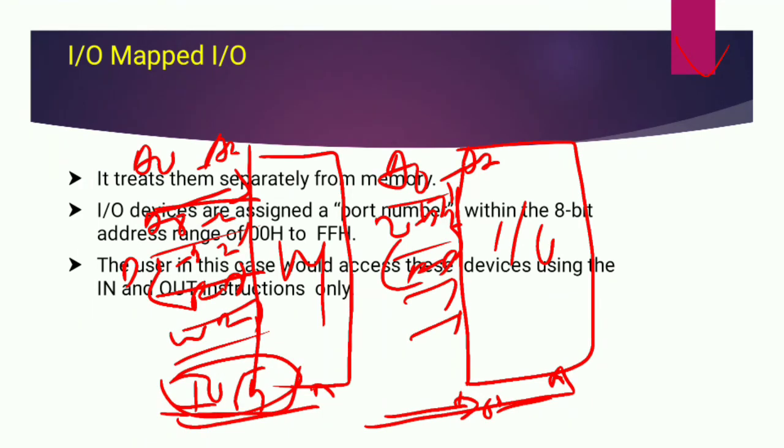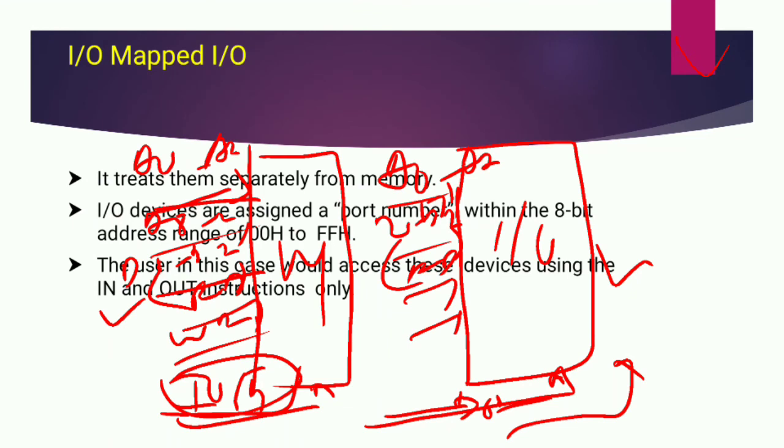High means IO devices, low means memory location. In this method, IO devices are treated as IO devices and memory is treated as memory. Separate space is used for memory and IO.